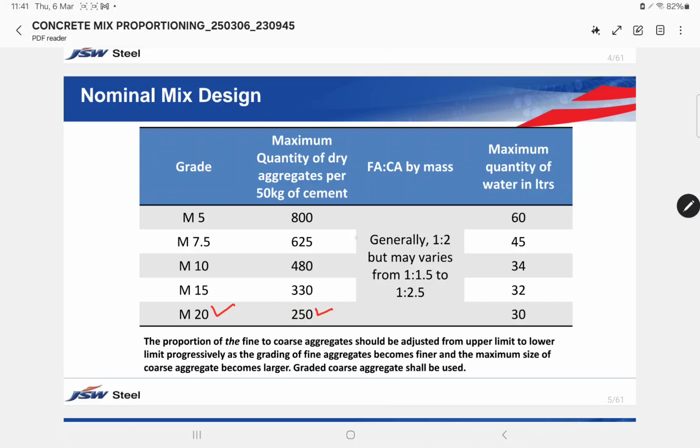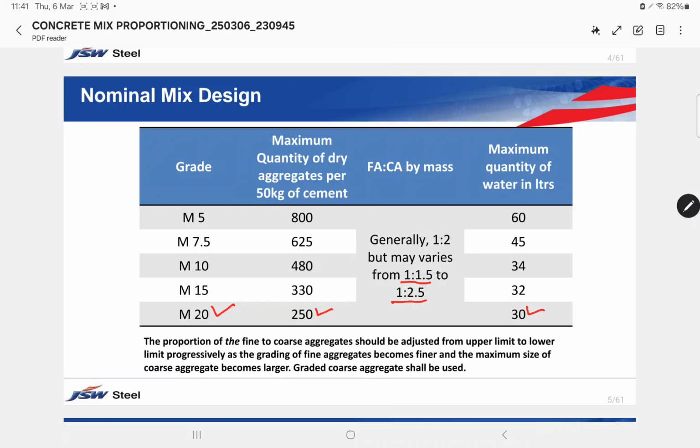And these fine aggregate and coarse aggregate are in the proportion of generally 1 is to 2, but it can vary from 1 is to 1.5 to 1 is to 2.5. And the maximum quantity of water you can use for M20 grade concrete is 30.